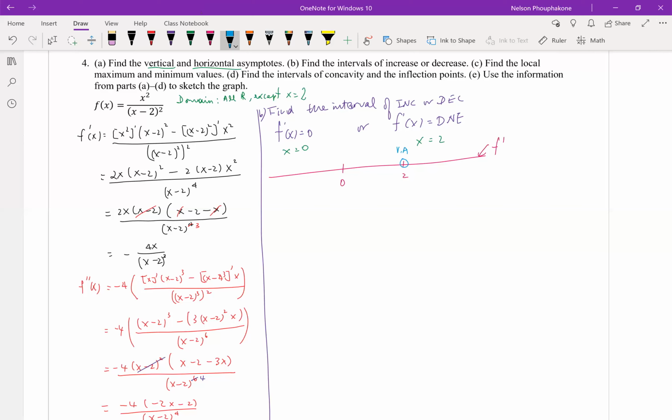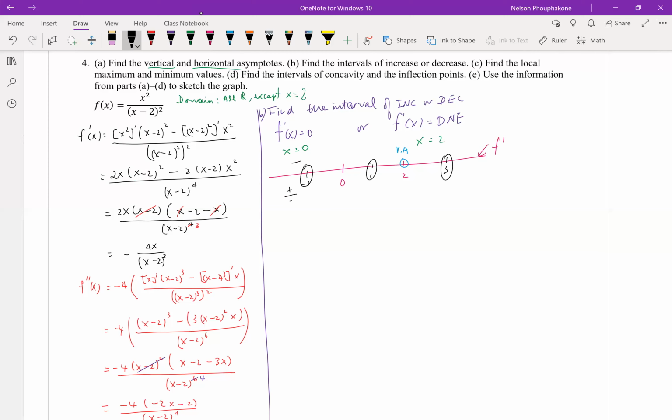And then now, what we're going to do is work with the sign chart. I would like to choose negative 1, 1, and maybe 3. If I plug in negative 1, this is positive, and then this is negative, so it turns out to be negative.